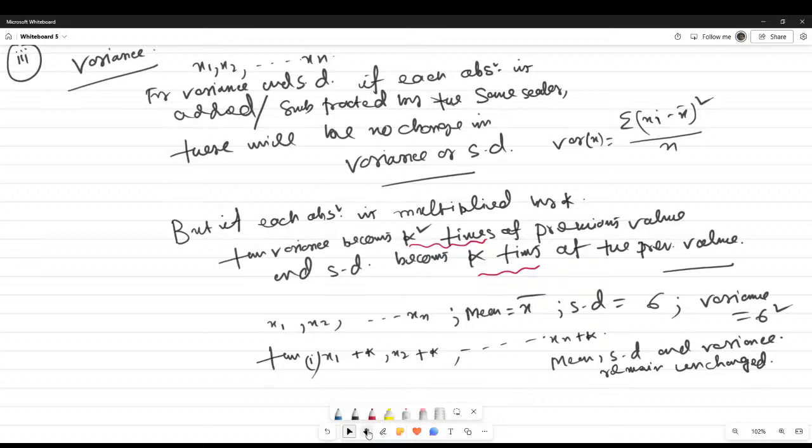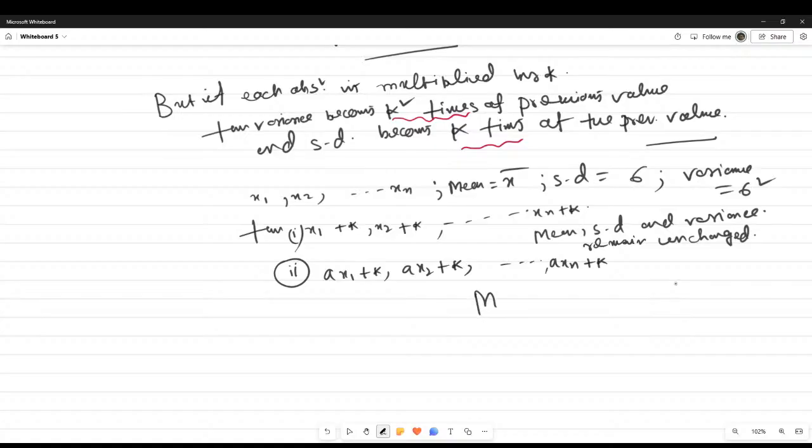But if we have the observations ax1 plus k, ax2 plus k, up to axn plus k, then what will the mean be? You are multiplying by a.